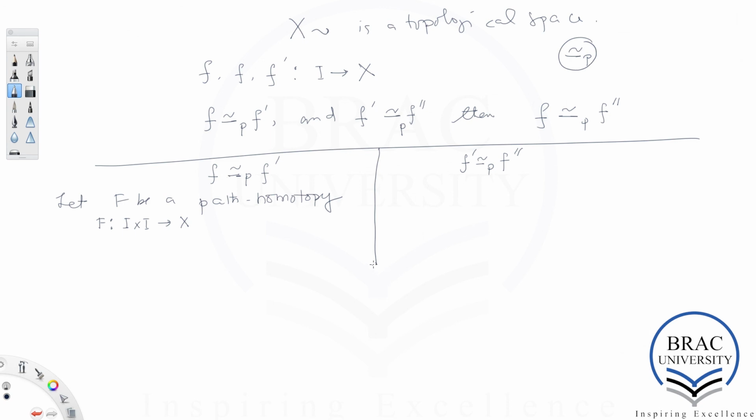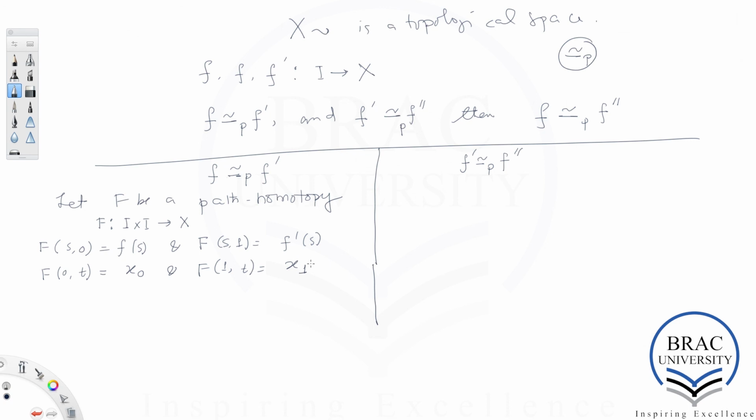Such that the following conditions are met. Big F of s comma 0 is equal to small f of s, and big F of s comma 1 is equal to f prime of s. Also, big F of 0 comma t is the initial point x0 of the two paths, and big F at 1 comma t is the final point x1.